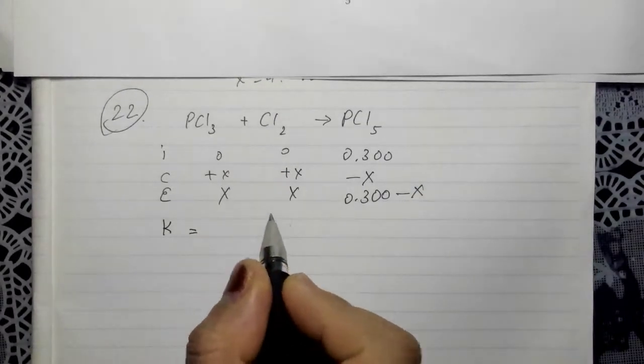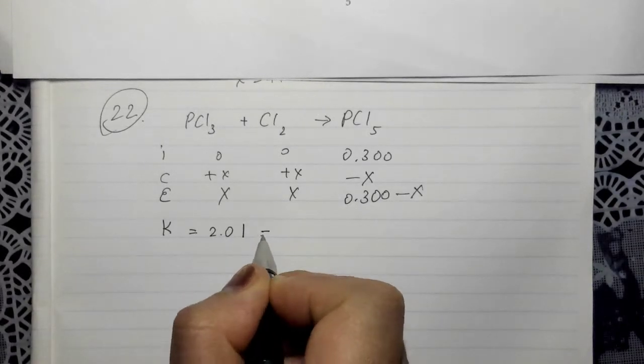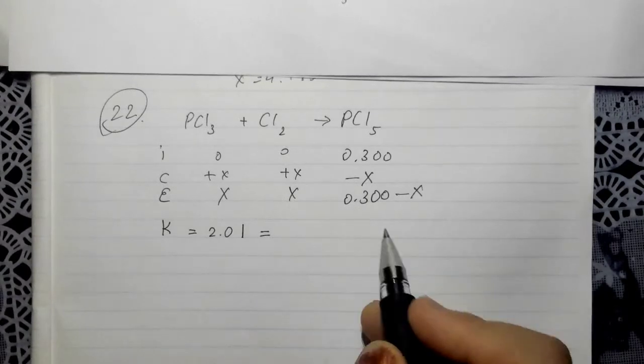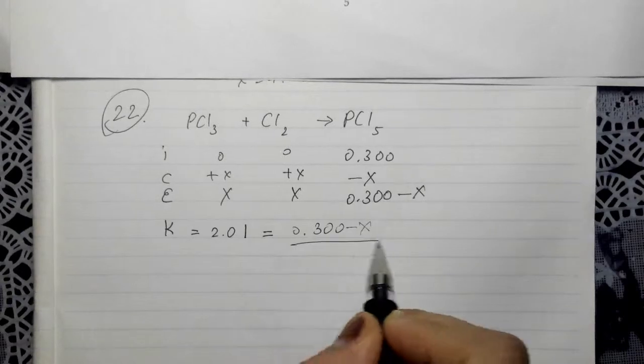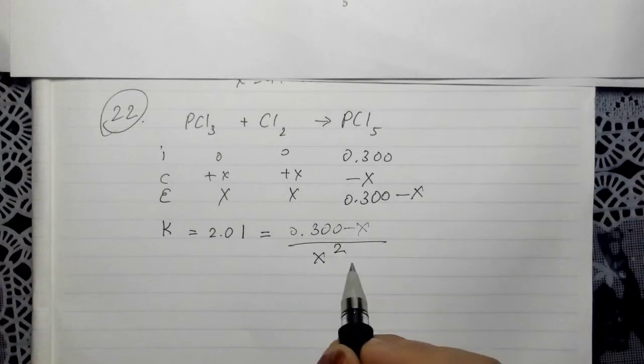Let's do K. K is equal to 2.01, which is equal to 0.300 minus x divided by x squared. I've got to solve this and then plug it in.